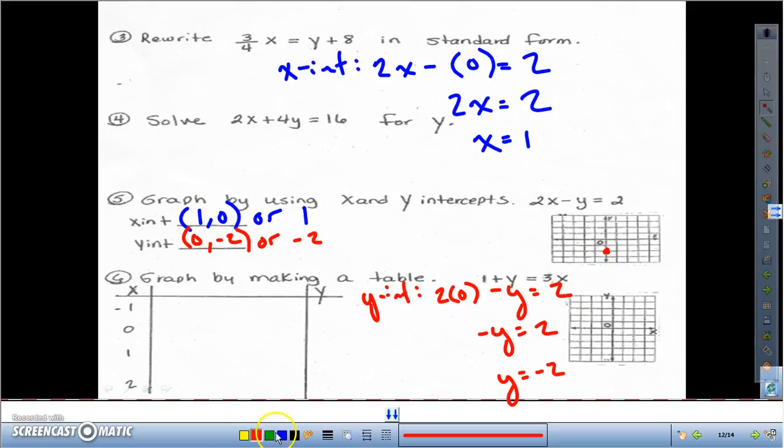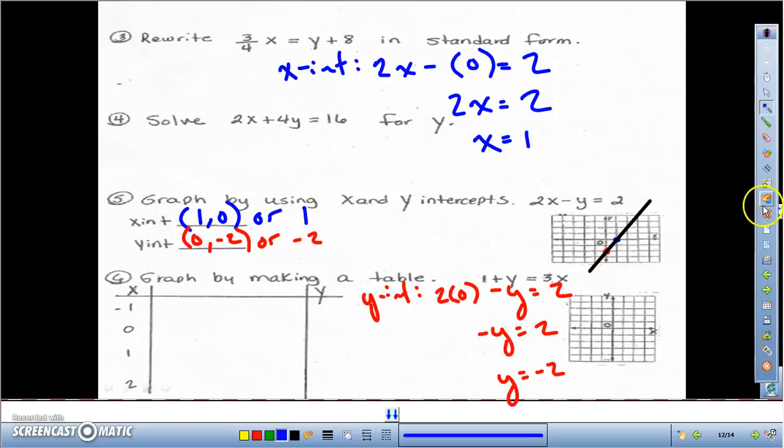And then the x-intercept is going to be graphed at 1, 0, right there. And then we draw a line through the 2 points. Alright, so plug in 0 for y to find the x-intercept, plug in 0 for x to find the y-intercept, plot the points, draw your line.